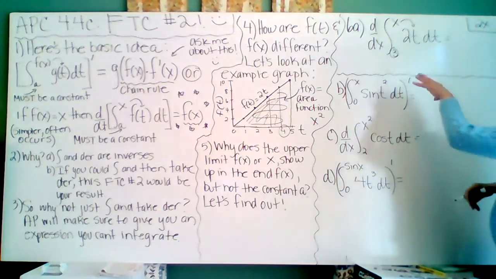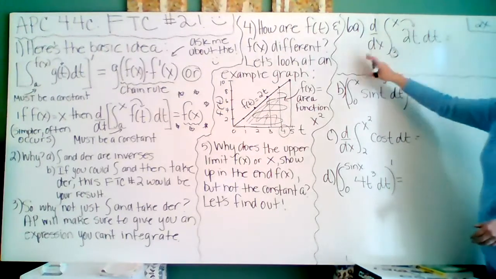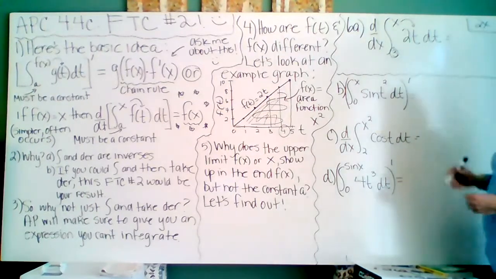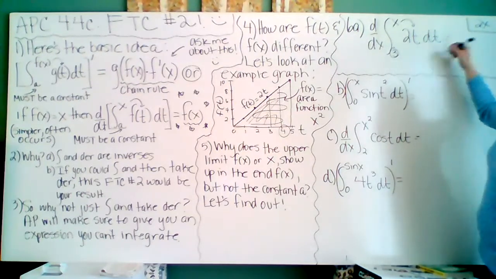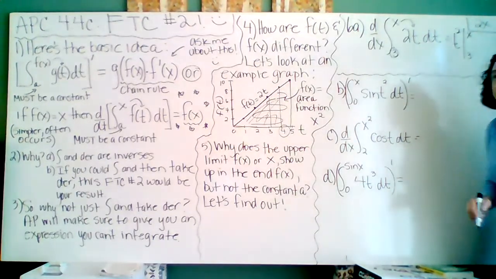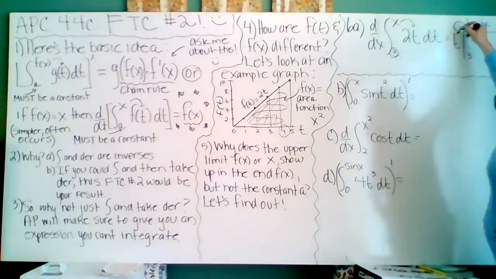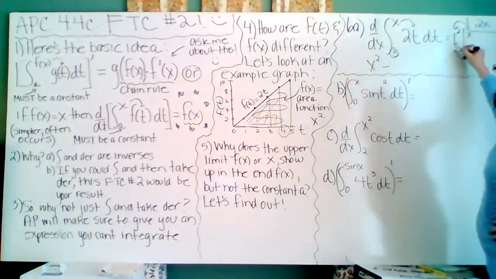Now, this is something that we do know how to integrate. So let's go ahead and integrate it and take the derivative of it and see if we get this answer. The integration of 2t is t squared, and we'll evaluate that from 3 to x. Let's do our f of b, that is x squared, minus f of a, 9.